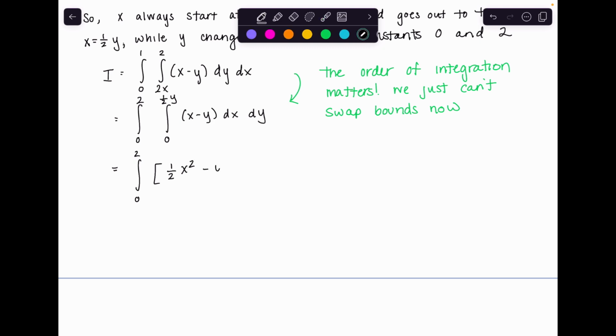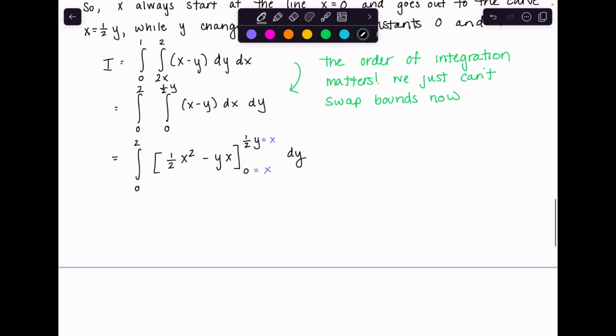The antiderivative of y would just get an x attached to it. And then we evaluate from 0 to 1/2 y. And again, we are plugging this in for x, because my x should disappear and leave me with just an integral of y.